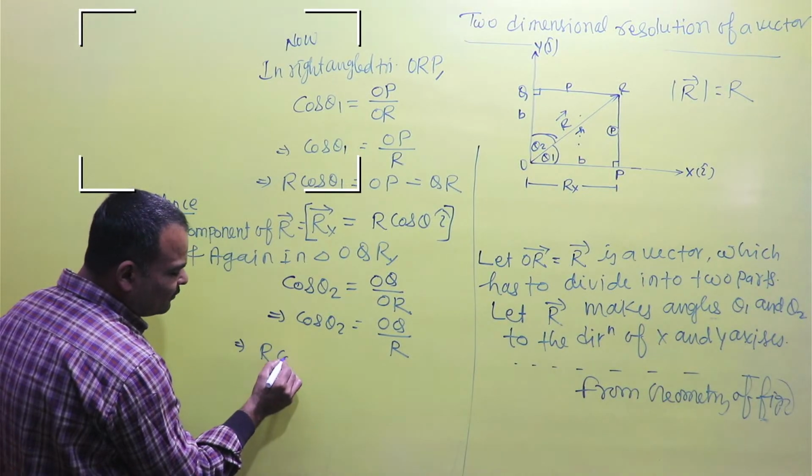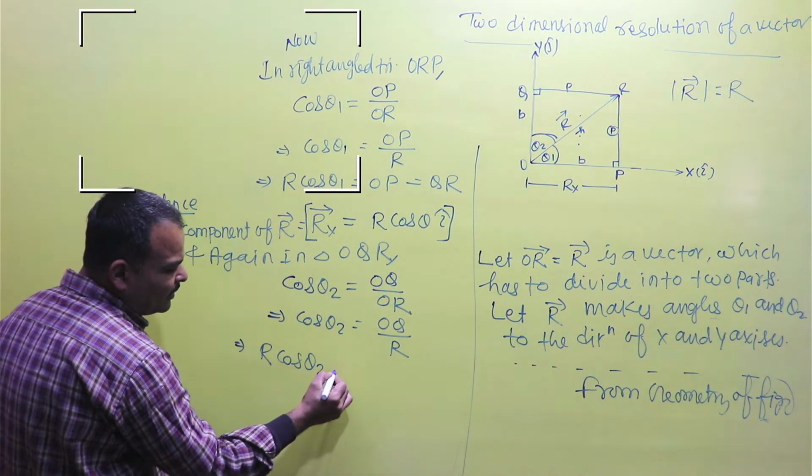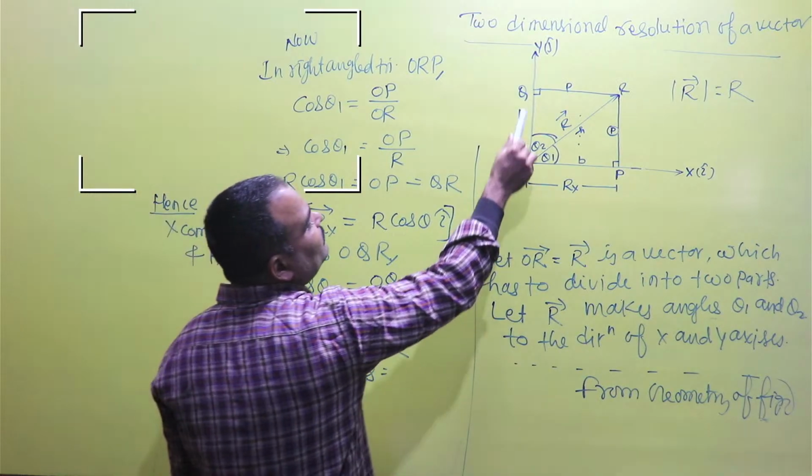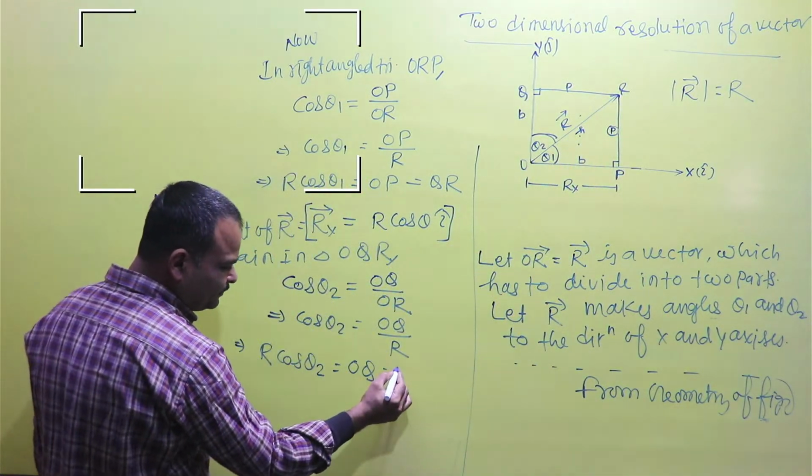So r cos theta 2 is equal to OQ, and OQ is equal to PR.